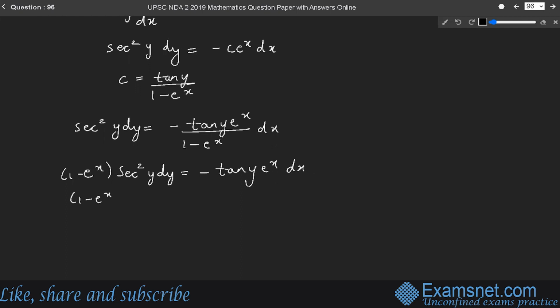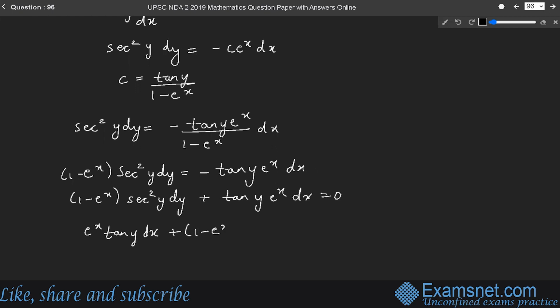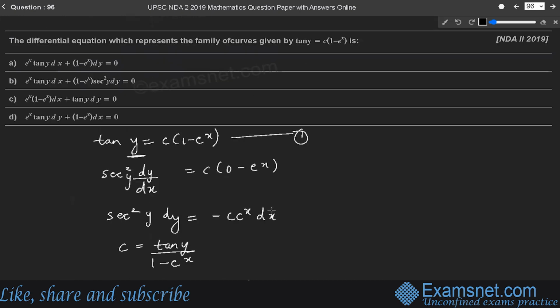So (1 minus e to the power x) into sec square y dy plus tan y into e to the power x dx is equal to 0. Therefore, e to the power x tan y dx plus (1 minus e to the power x) sec square y dy will be equal to 0. This is the required differential equation here. So we can say that the correct option for this question is option B here.